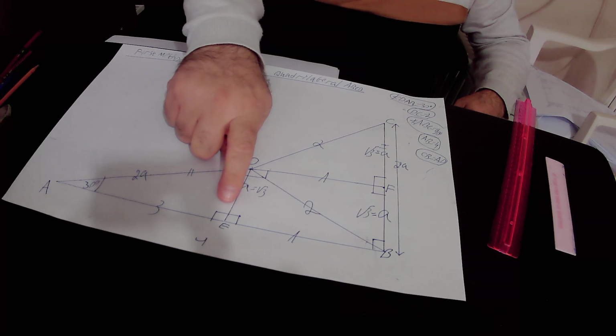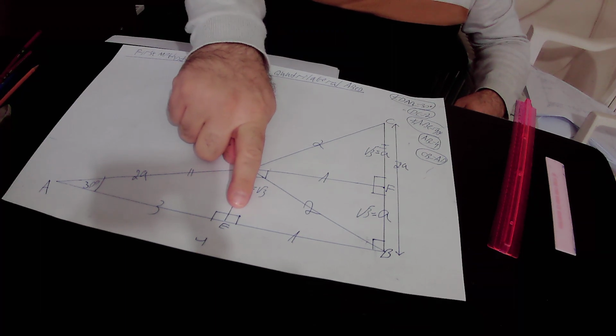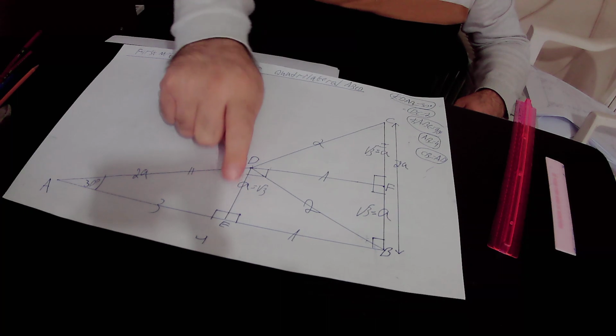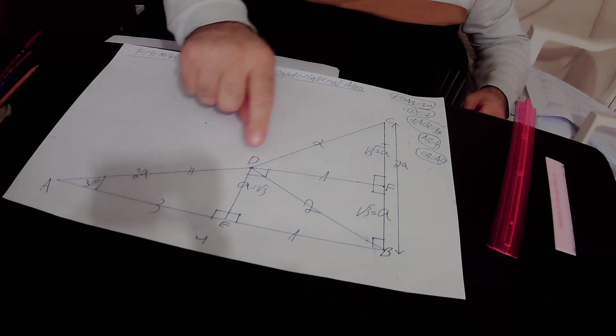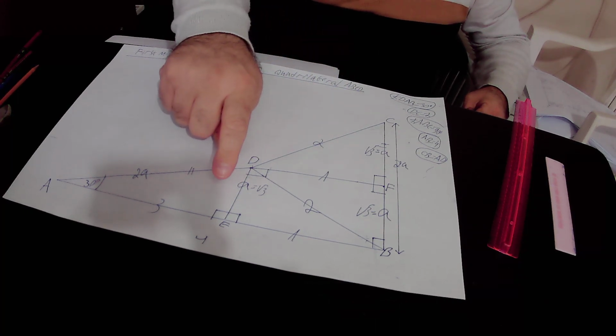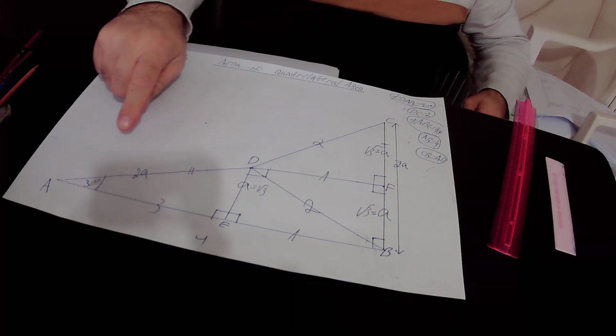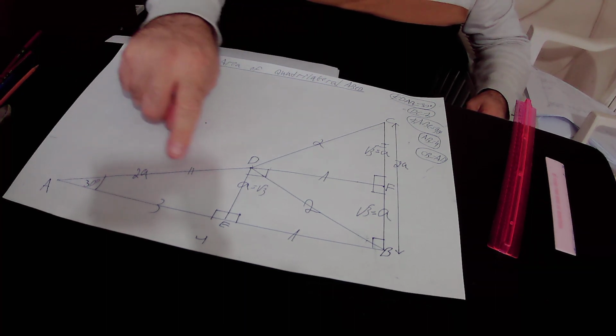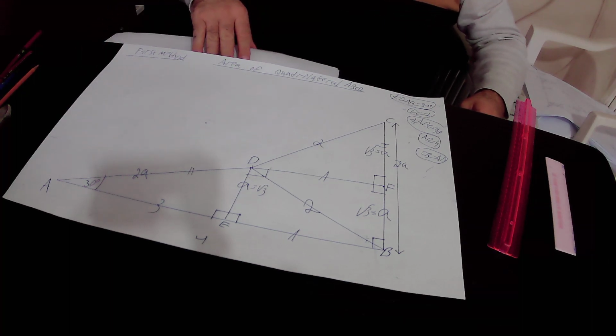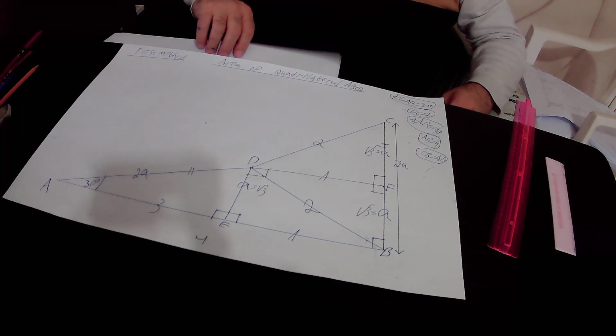So this angle is 90 degrees, and we defined the touching point between the perpendicular from D to AB as point E. Then we focused on the right triangle ADE.